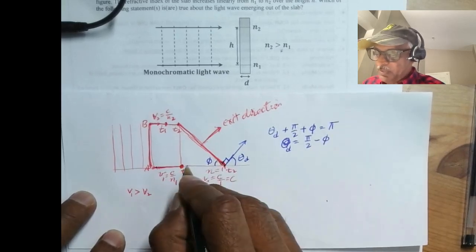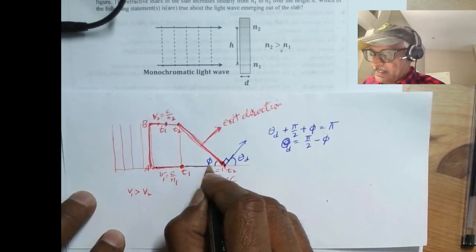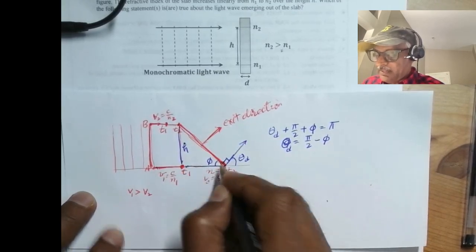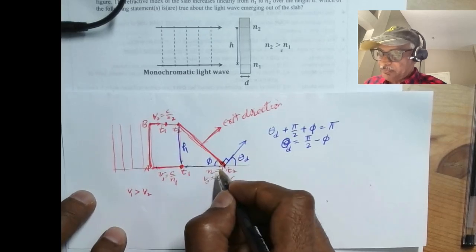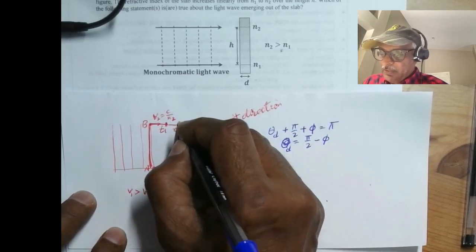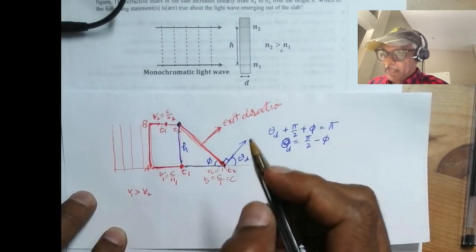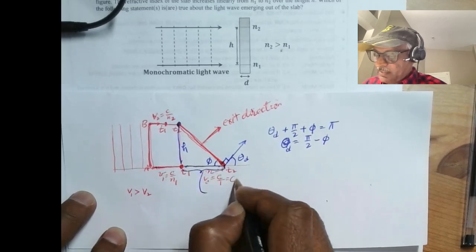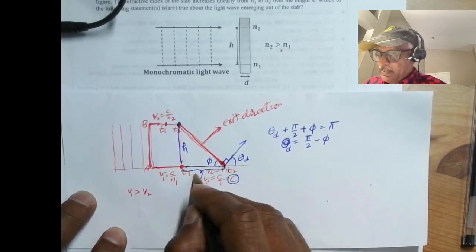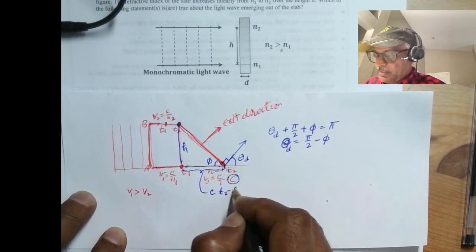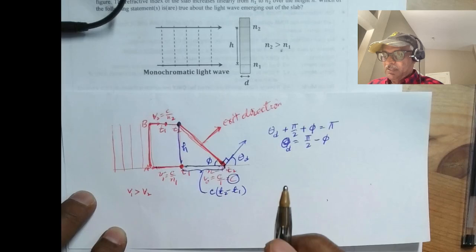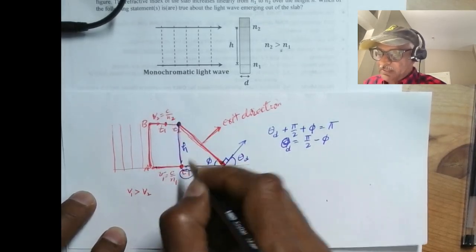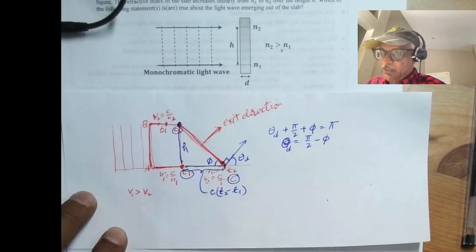This phi I can find from these two distances, right? Between here and here it has traveled at speed c and taken time t2 minus t1. So if I can figure out t1 and t2, I'll be done.